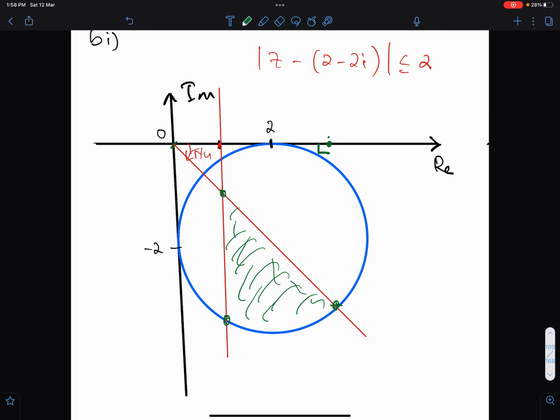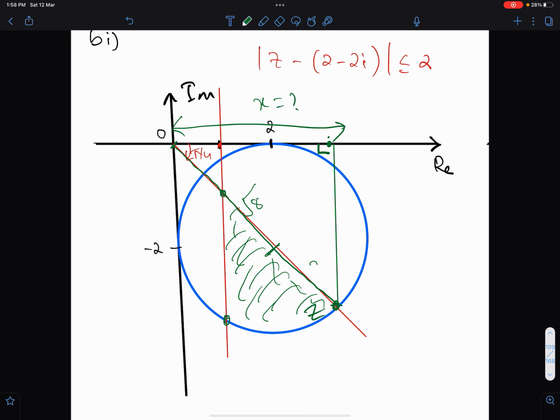So when z is here, then this distance is greatest from origin. So we need this value of x. And we can easily find this value because we have this total length. This total length is modulus of the center, which is I think under root 8, and this is the radius 2, and this angle is pi by 4.